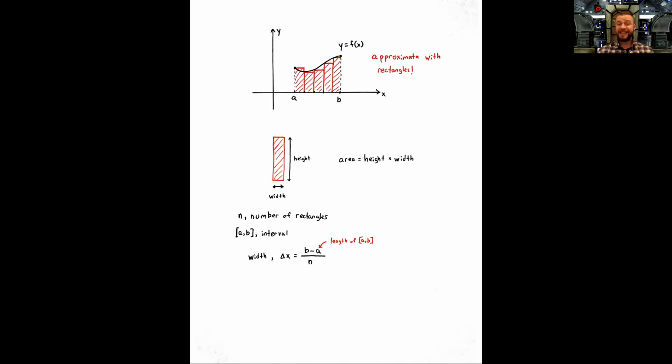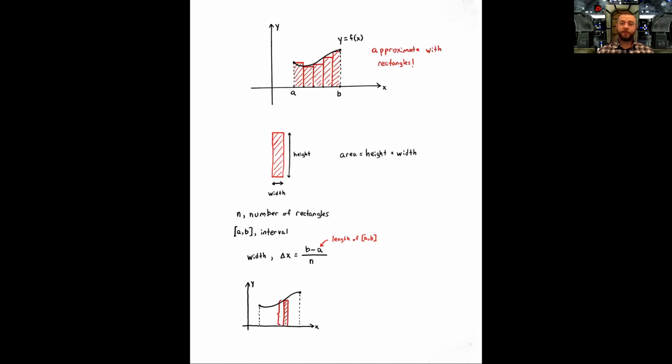They're going to be all equal width, so we take the total length of that interval, which is b minus a, and we divide it by the number of pieces we're splitting it into. So we would get the length of each subinterval, what we're going to call the width of a rectangle. We're going to note it as delta x, which is just the total length, b minus a, of the interval, divided by the number of rectangles that we're using. So we have a way to calculate the width of a rectangle. We choose the number of rectangles that we're using, and we calculate the width.